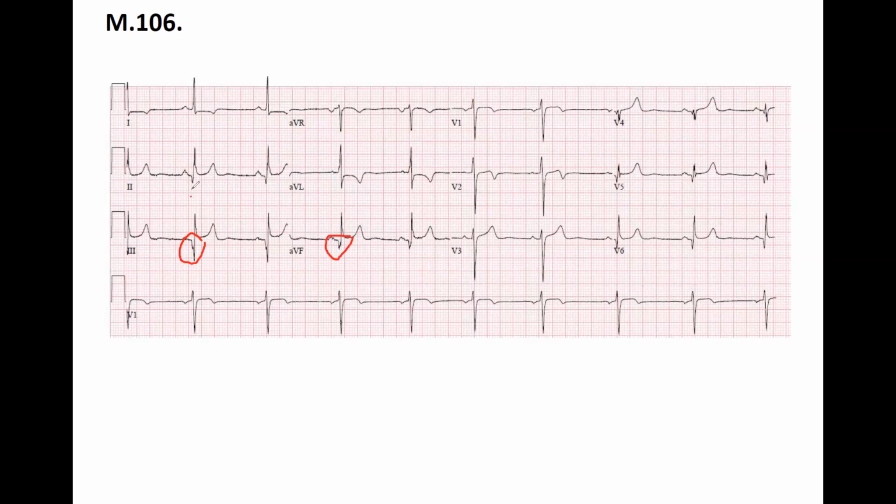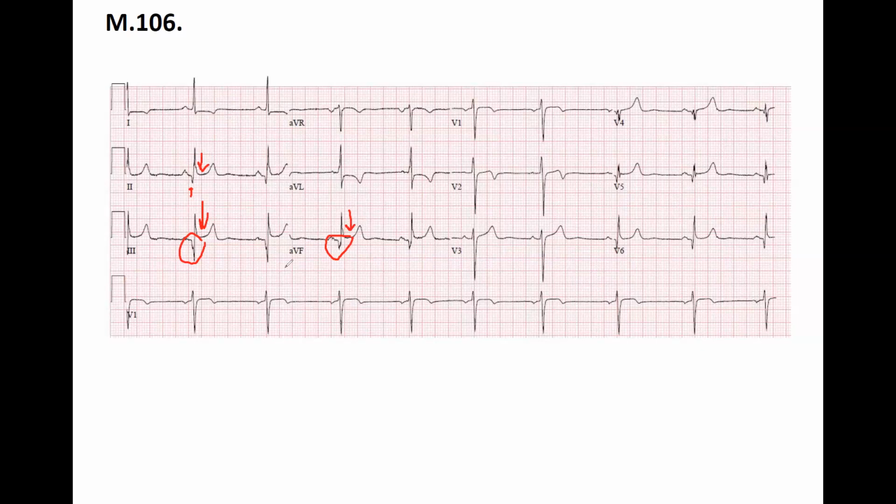In this case, that looks like a normal range because it's not exceeding 1/4 of the R. But if you do see it in 3 and AVF, it's okay. And especially, what else you can see, not only the pathological Q wave, but also the ST elevation.